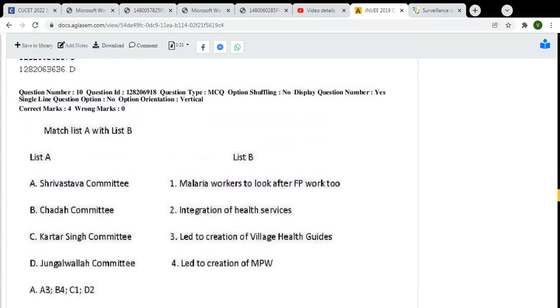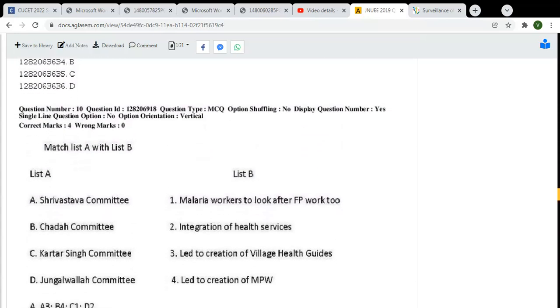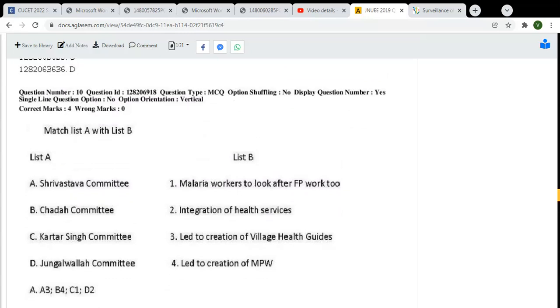Another thing you will have to study is that there are some lists which you need to match. People who are working in the field of medicine are taking proactive measures to control the transfer of diseases. How many committees have been formed till now?